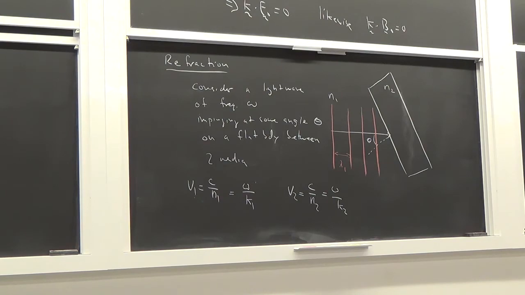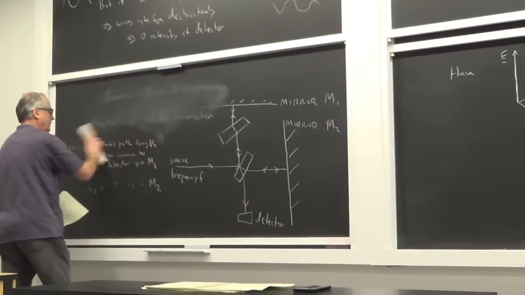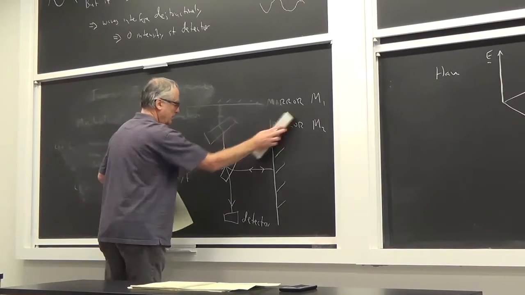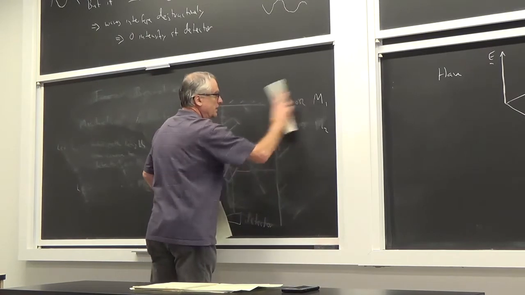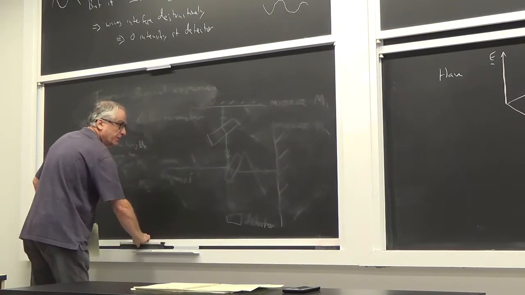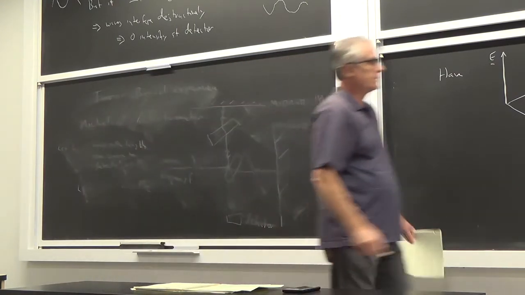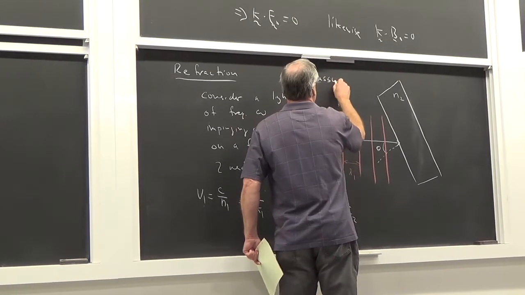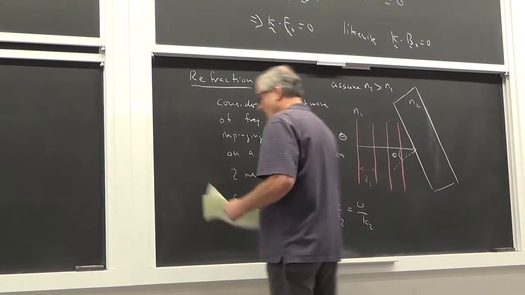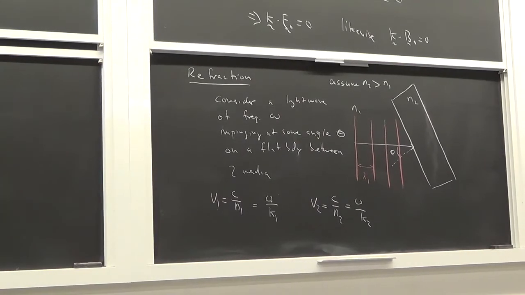And so let me work that out a little bit. I'm going to assume, for the sake of illustration, that n2 is bigger than n1, just because I'm going to make a drawing that's going to assume that.